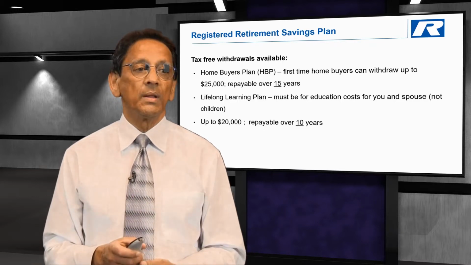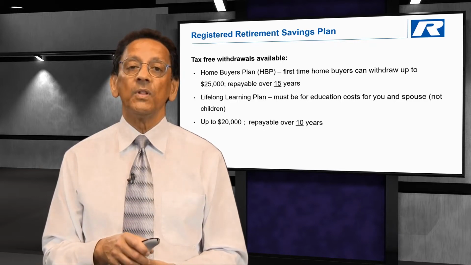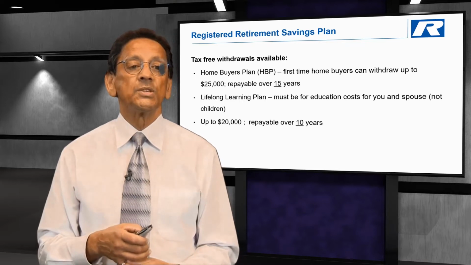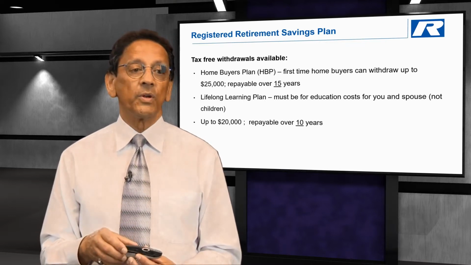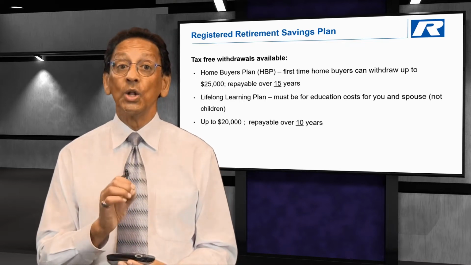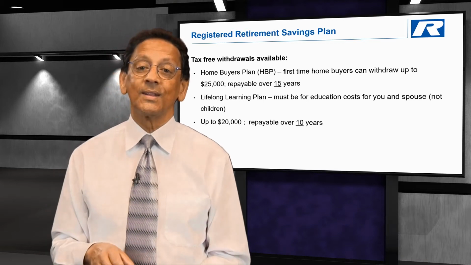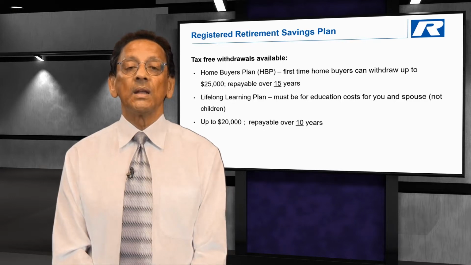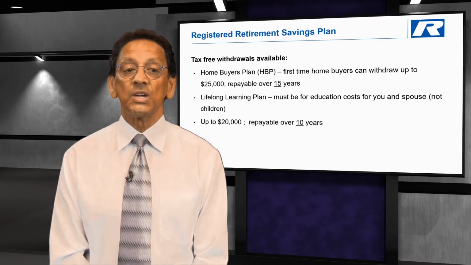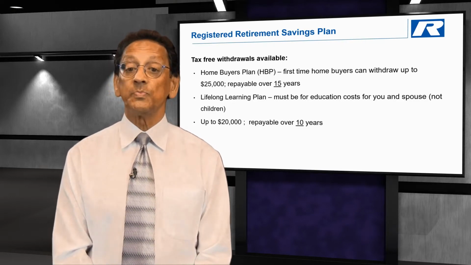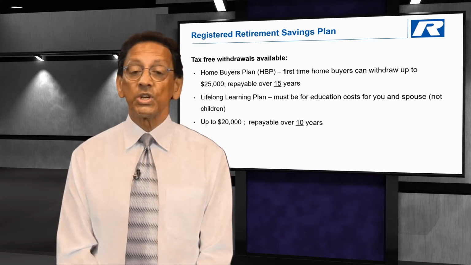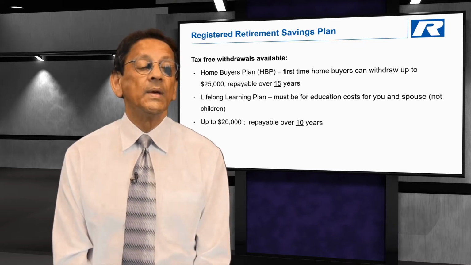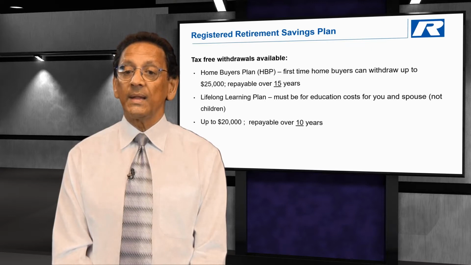The second one is something called the Lifelong Learning Plan. Too many L's in that title. The money taken out must be used for educational costs for you and/or your spouse. It's not for your children. This is not a scholarship savings plan.